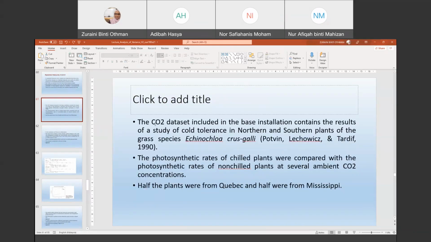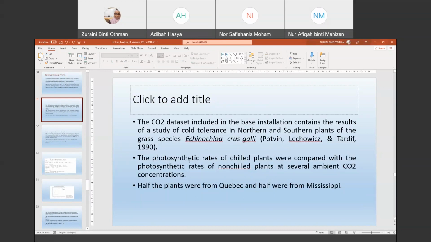Okay, this is the carbon dioxide dataset included in the base installation. It contains the results of a study of cold tolerance in northern and southern plants of the grass species, by Potvin et al., 1990.